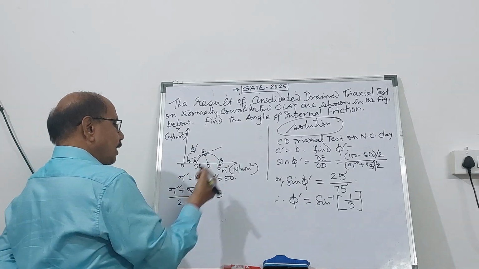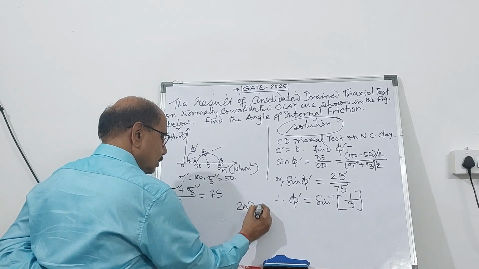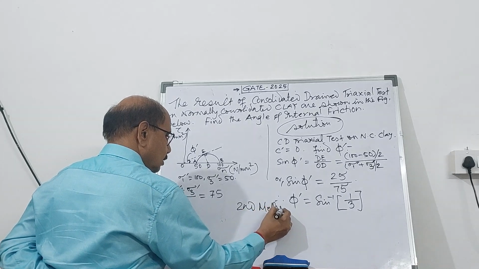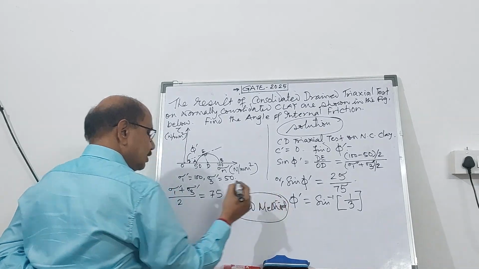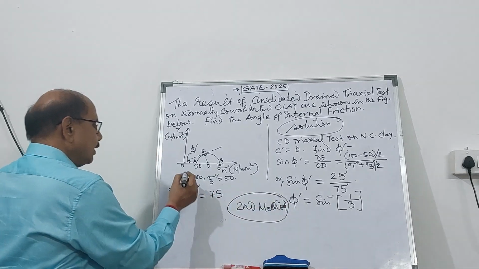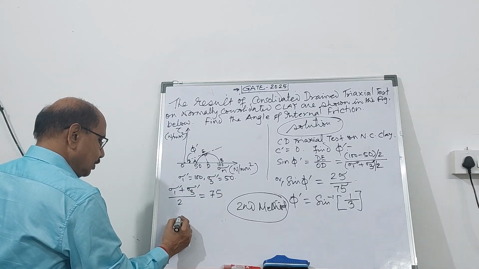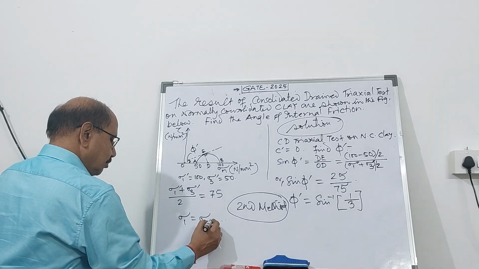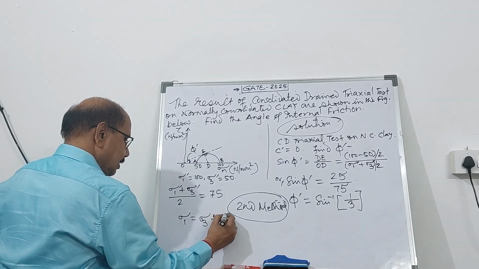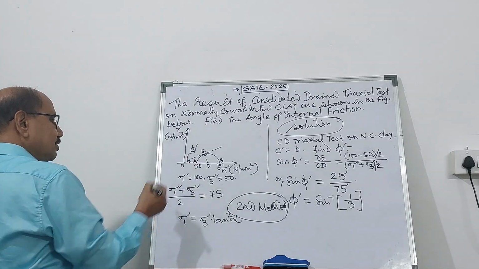You can do it the other way also, the second method. This is one of the methods. The second method could be sigma 1, sigma 3. What is the relationship? Sigma 1 equal to sigma 3 tan square alpha, because C is already 0.